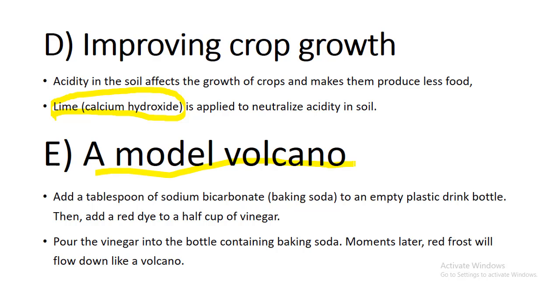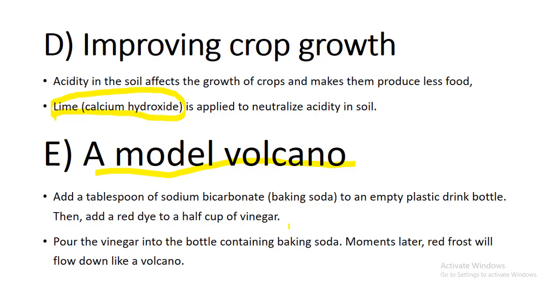And the last one is this: you can make a model of a volcano. Yes, you can take a tablespoon of sodium bicarbonate, which is baking soda, to an empty plastic drink bottle, and then add a red dye to half a cup of vinegar. So you need to have vinegar, sodium bicarbonate, and a red dye.